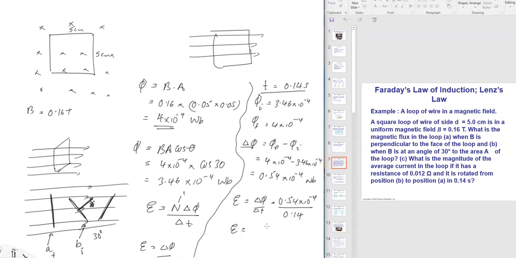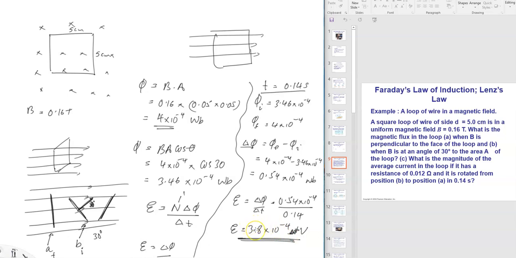What do you get? 0.54 divided by 0.14 gives me 3.8 times 10 to the negative 4 volts. This is a voltage. So we have the voltage.